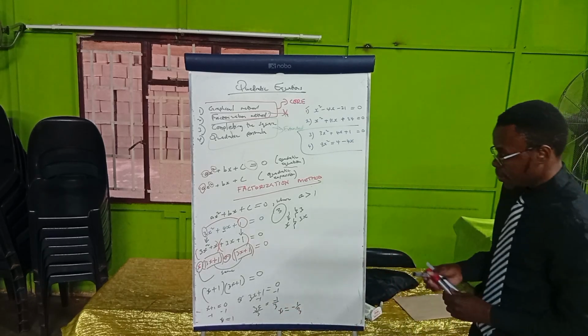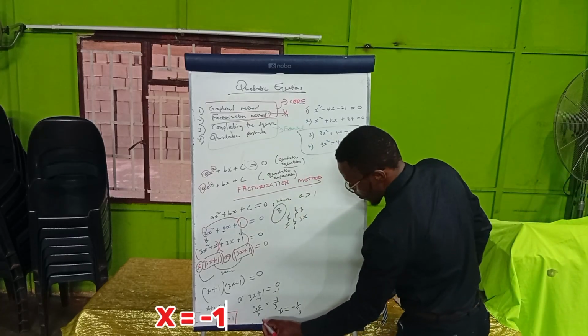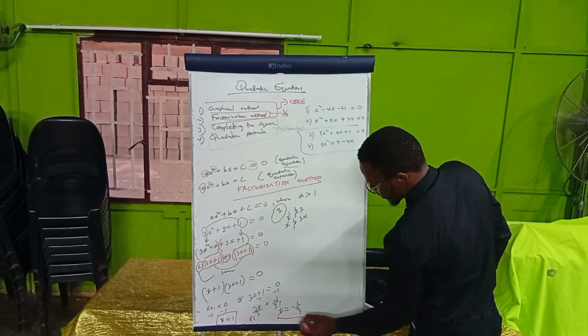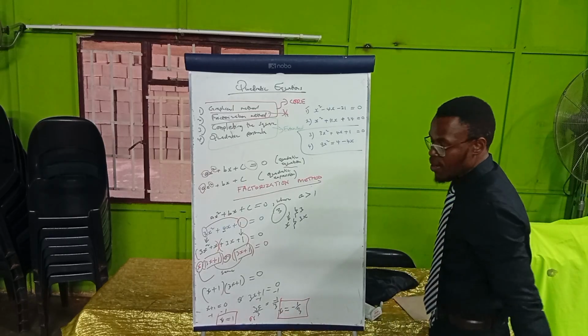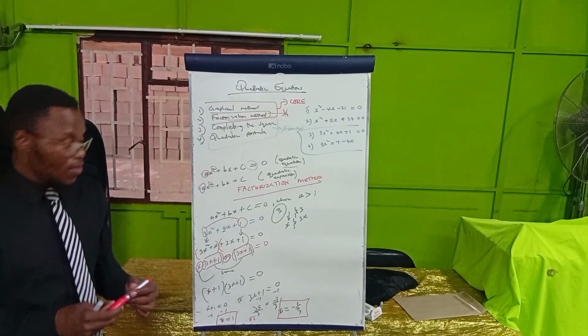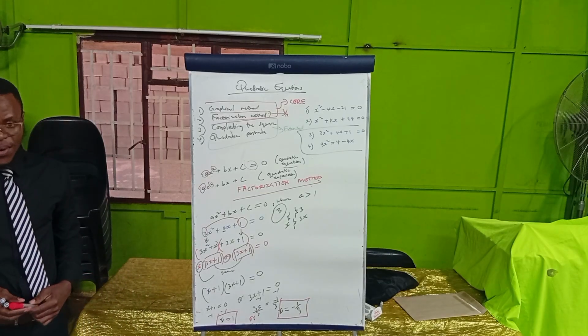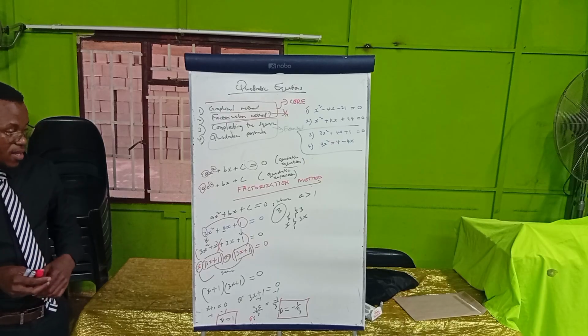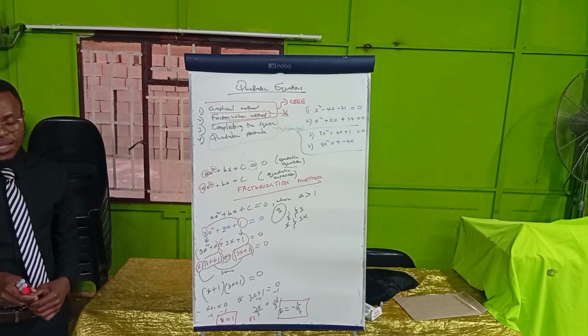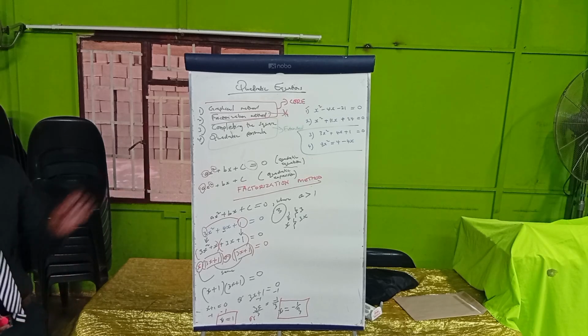So these are the answers. It is x is equals to negative 1 or x is equals to negative 1 over 3. So this is how we factorize a quadratic equation where the coefficient of x squared is more than 1. In this case it was 3. Now let's do the last one.